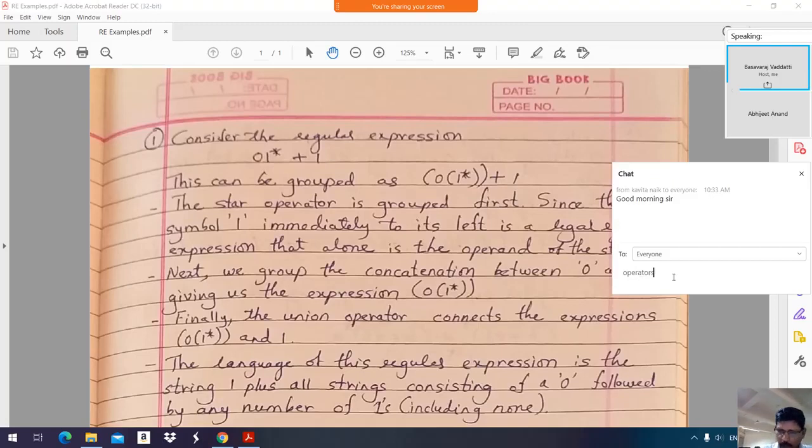In the chat window, all of you type the three different operators which are used in the regular expression, their names and the operator symbol.